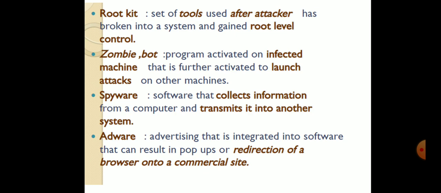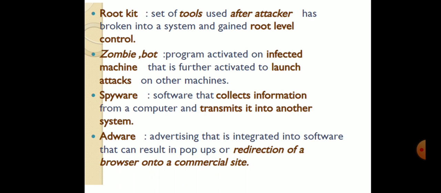Next we are going to discuss the rootkit. A rootkit is a set of tools used after the attacker has broken into the system and gained root-level control. So it captures the entire root-level control. And zombies and bots. If a program is activated, the infected machine becomes a zombie or a bot, and it works only on the commands of the bot master.